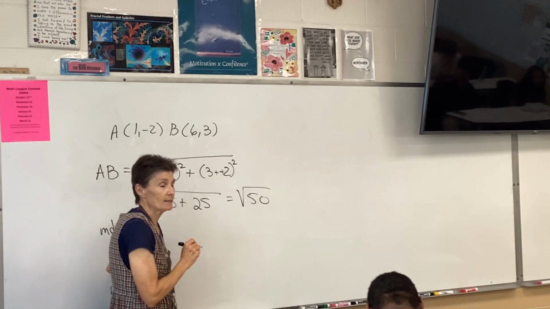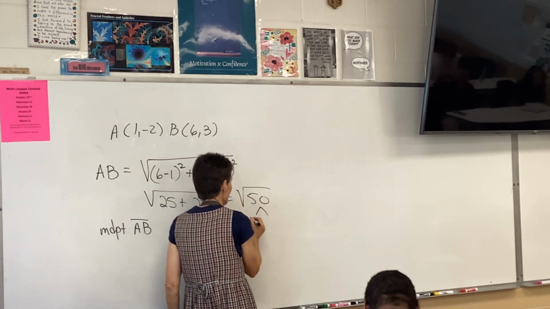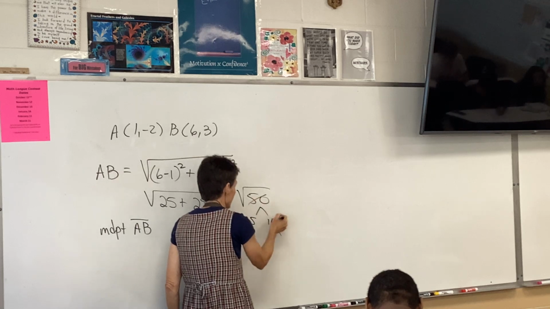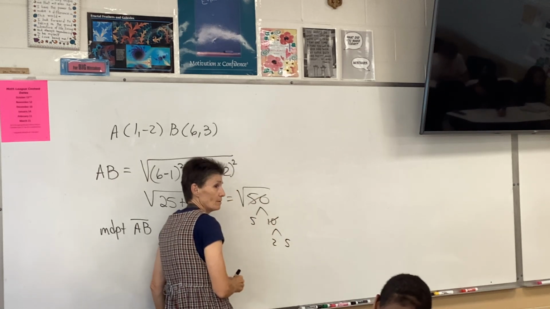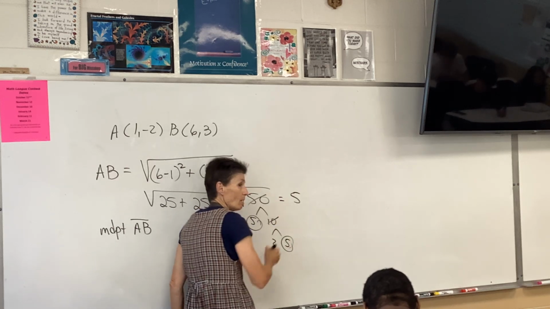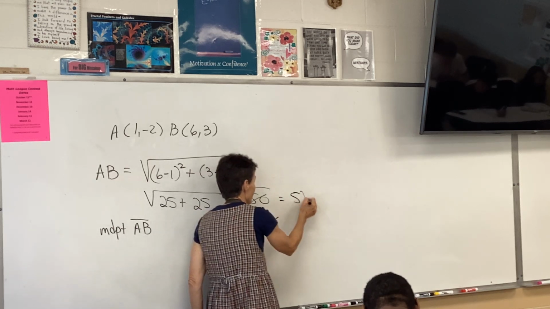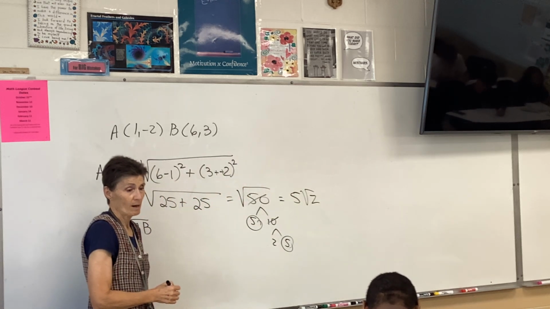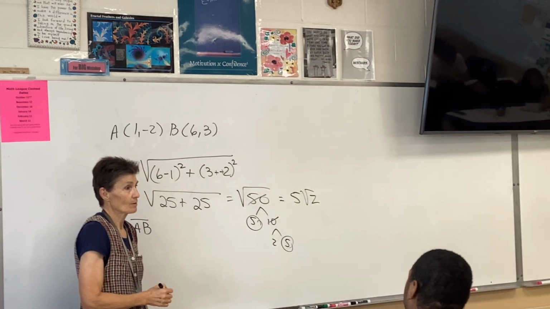Break it down. So 50 is 5 times 10, which is 2 times 5. So I have 2 5s, comes out. The leftover 2 stays in. And there is my final answer.